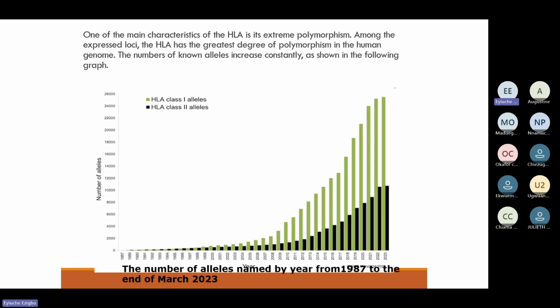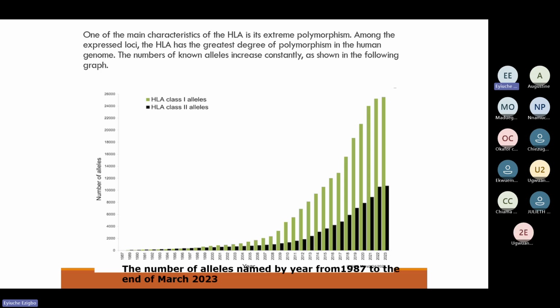The number of known alleles increases constantly, as you can see from this diagram. The discovery of HLA alleles has been on the increase, for class 1 and class 2, because of the high diversity and polymorphism, the different forms of this gene.